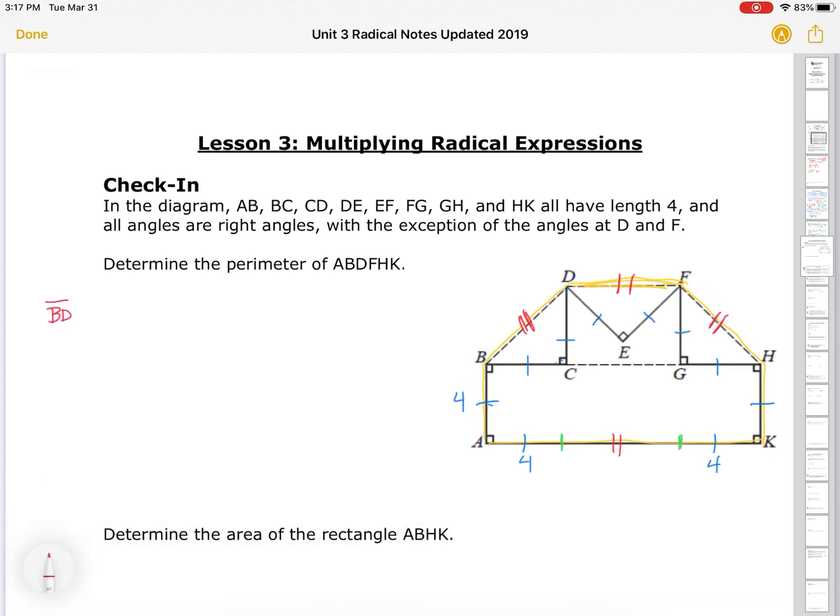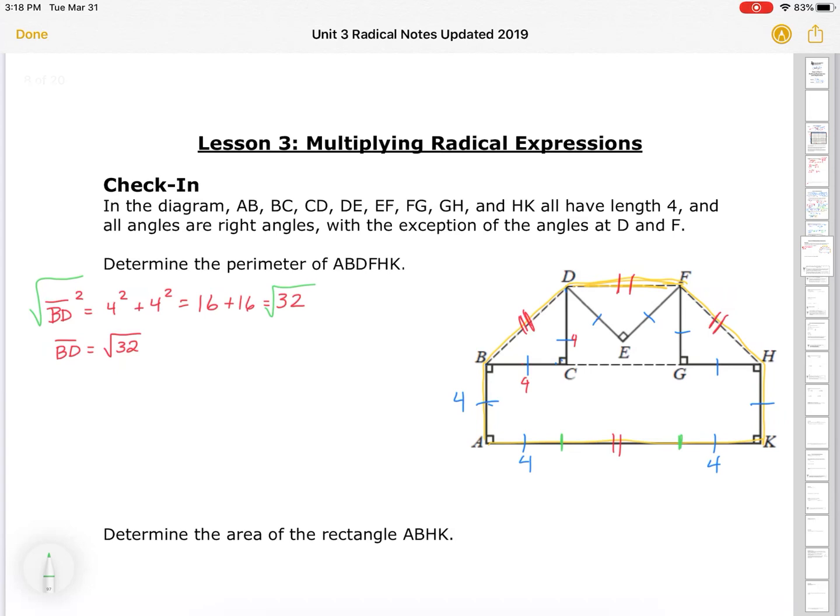So we'll look for BD. We know from the Pythagorean theorem, BD squared is going to be equal to 4 squared plus 4 squared, because each of these sides is equal to 4. To solve that, BD squared is equal to 16 plus 16, which is 32. So BD is going to be equal to the square root of 32.